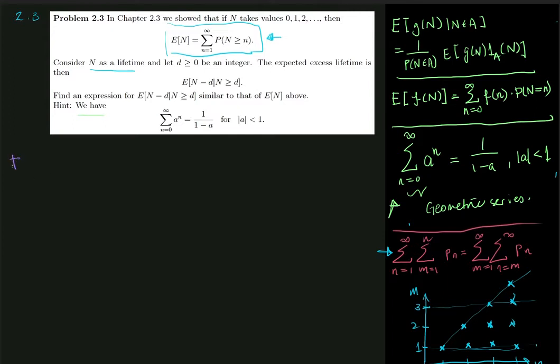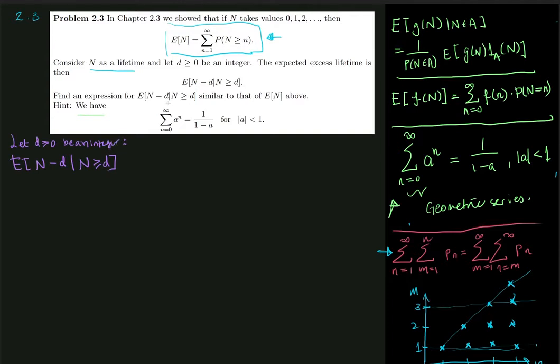So we start with this expression, the expected value of n minus d given n greater than or equal to d. Just for formality's sake, you can also write let d greater than or equal to 0 be an integer. This kind of stuff is really important in analysis 0.